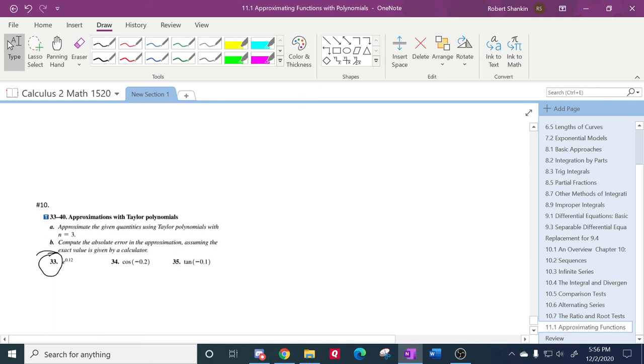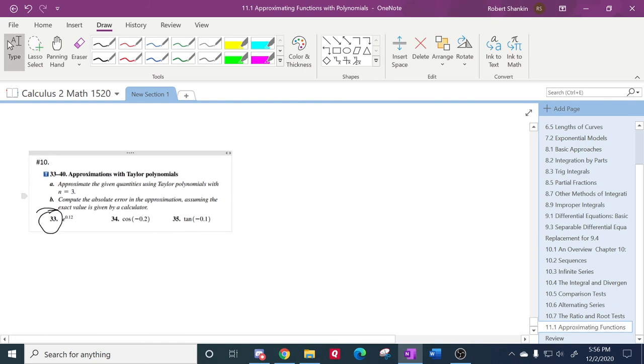All right. And approximations with Taylor polynomials, you might have something like this. Approximate the Taylor polynomial with n equals 3. What you would do on something like 33 is you would say f of x equals e to the x. And then you would figure out what f prime of x was.